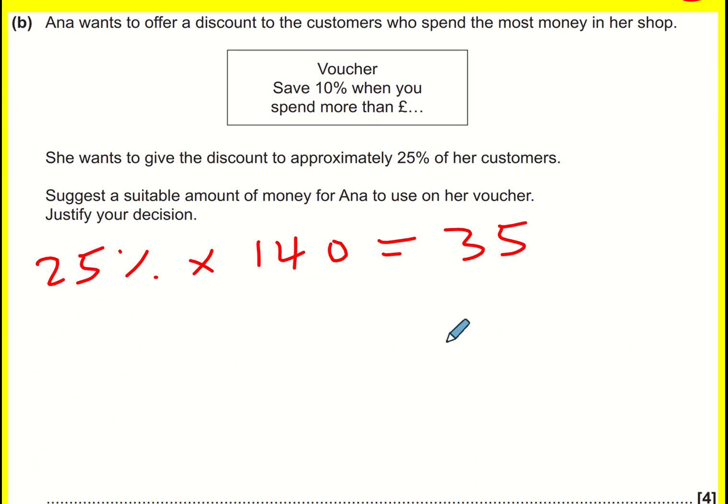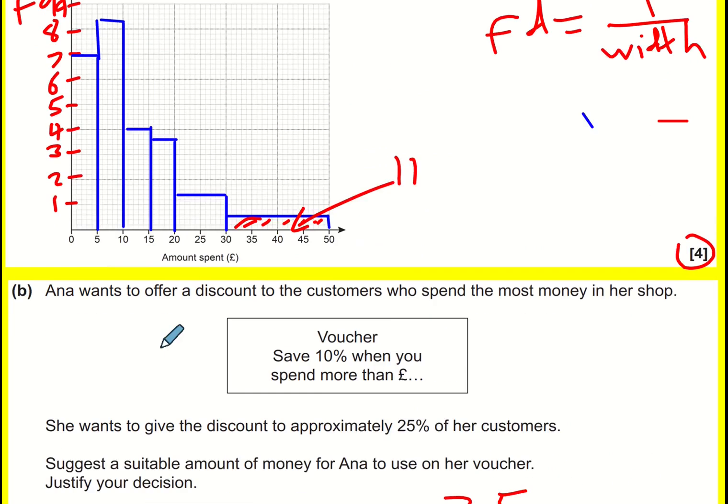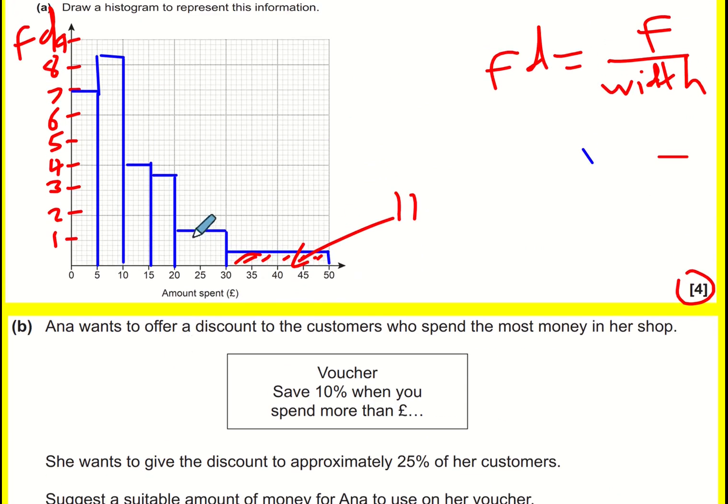Because it's like 4 marks, I need to show sufficient working. 11 people spend between 30 and 50. Okay, so they're definitely going to be part of the bunch.